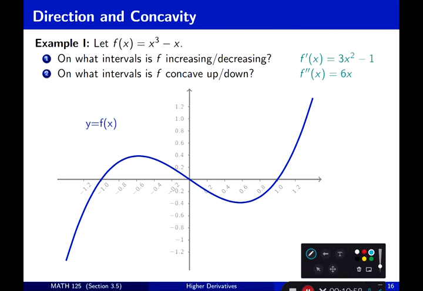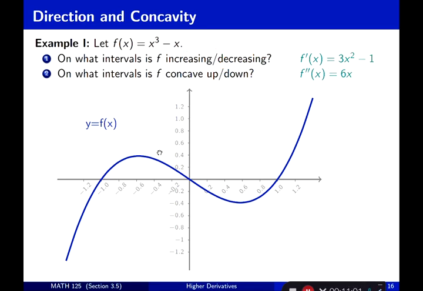Now let's look at this on the graph. So in here, I see that increasing, decreasing is happening. This orange line indicates the negative 1 over square root of 3, and that one positive 1 over square root of 3. And the function is increasing between negative infinity and negative 1 over square root of 3, and increasing from 1 over square root of 3 to infinity, and it's decreasing between negative 1 over square root of 3 to positive 1 over square root of 3.